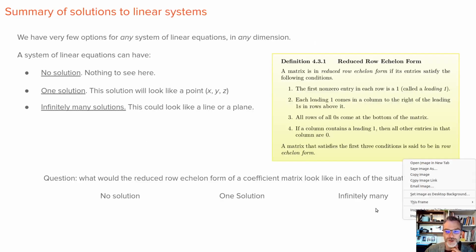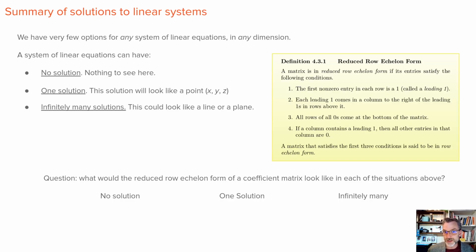Okay, so just to wrap things up here, we have really just 3 possibilities when we work with a coefficient matrix and we reduce it all the way down, trying to get to that row reduced echelon form. If we do get to that row reduced echelon form, we know we have exactly one solution.